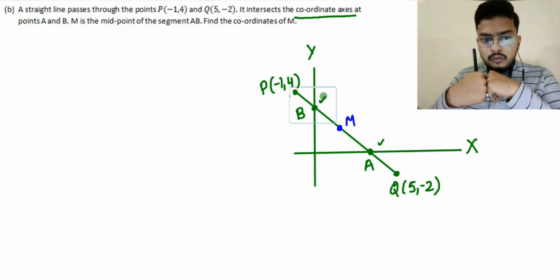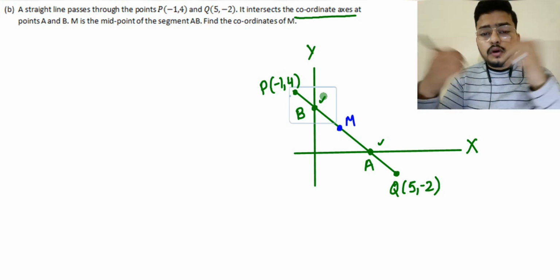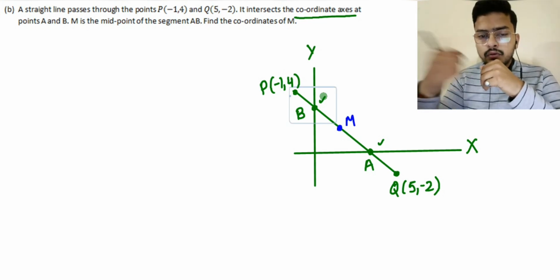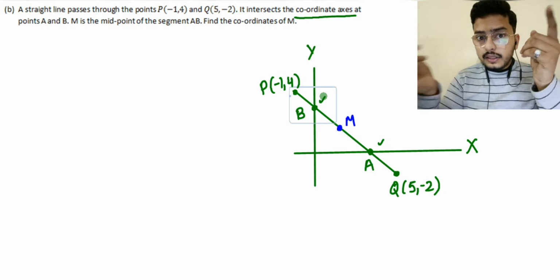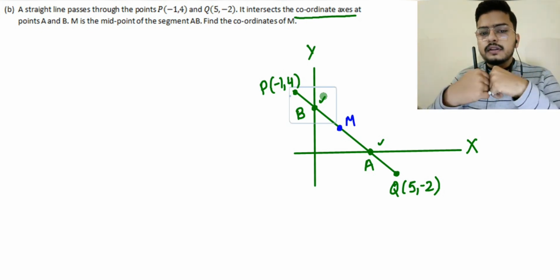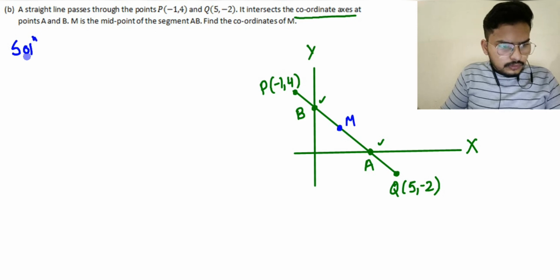After that, because A is on the x-axis, the y coordinate must be 0. So we can easily find the coordinates of A as well as B, and then by applying the midpoint formula we can easily find the point M, right?